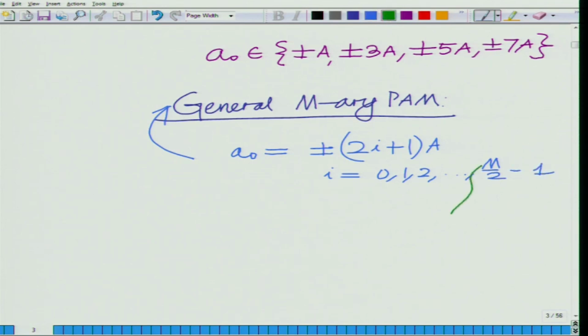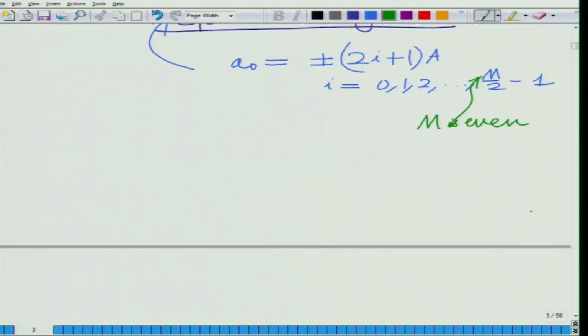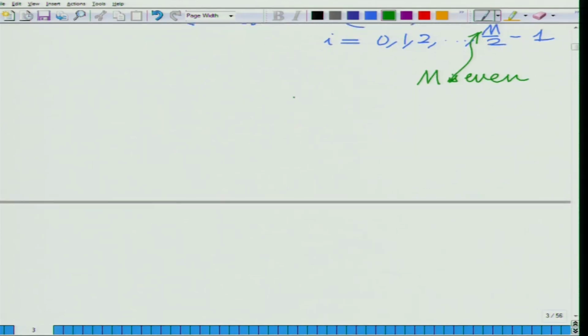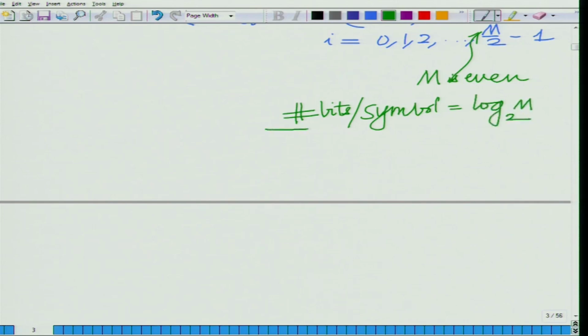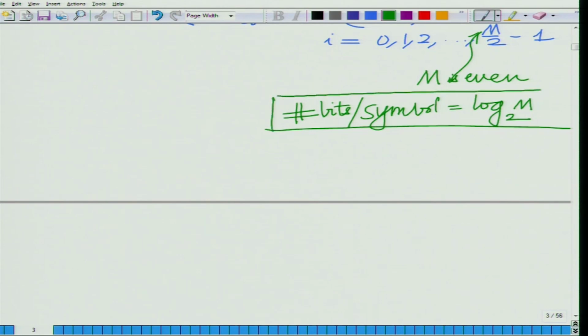Naturally, this is defined only for M even. And the number of bits per symbol is log M to the base 2, which we already said.